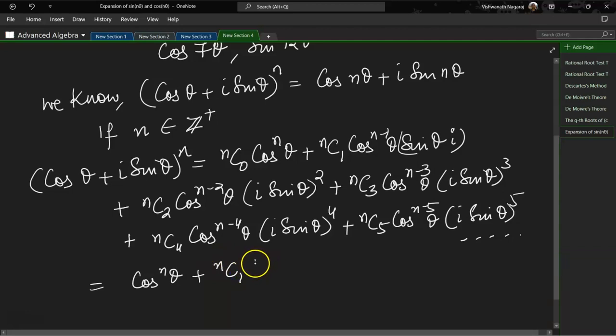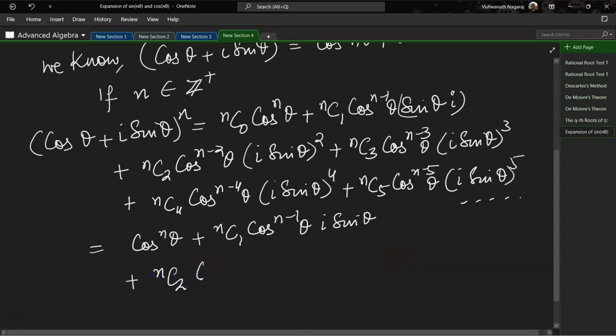So nC1 cos^(n minus 1) theta, and this will be i sine theta, plus nC2 cos^(n minus 2) theta, i square is minus 1, so minus sine square theta, plus nC3 cos^(n minus 3) theta.